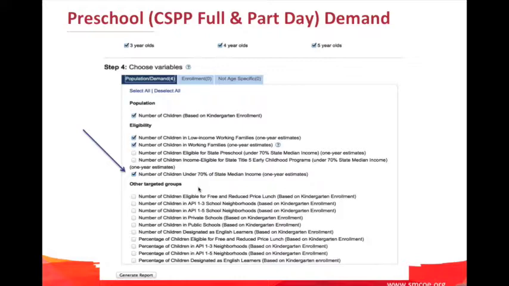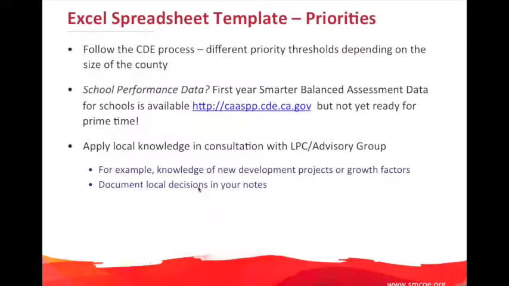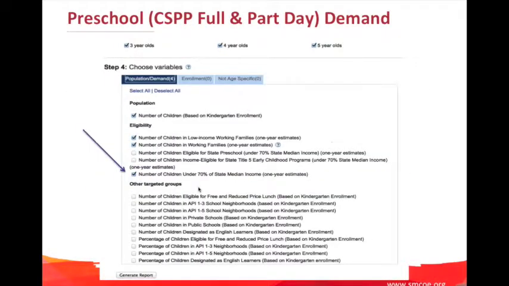So then you generate a report, and you clean up the zip codes as before, and you would use this information to post into your CSPP sheet, probably minus your 5-year-olds.